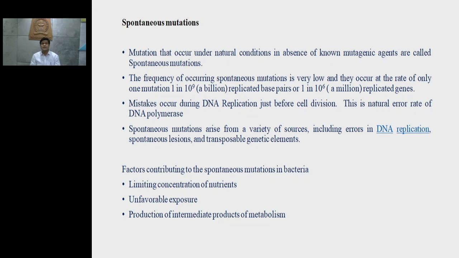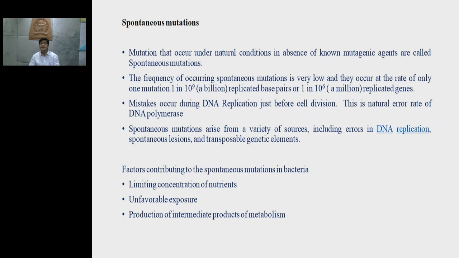Another type of mutation is what? Spontaneous. This kind of mutation occurs naturally, in the absence of a known mutagenic agent. The frequency of these mutations is very low, or rare, because there is only one mutation in 10 raised to 9 replicated base pairs.